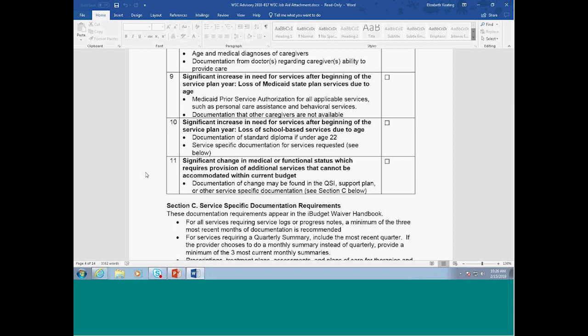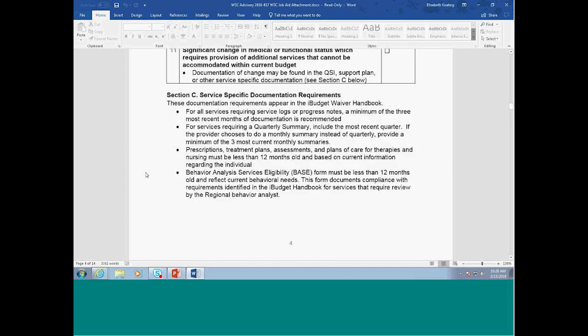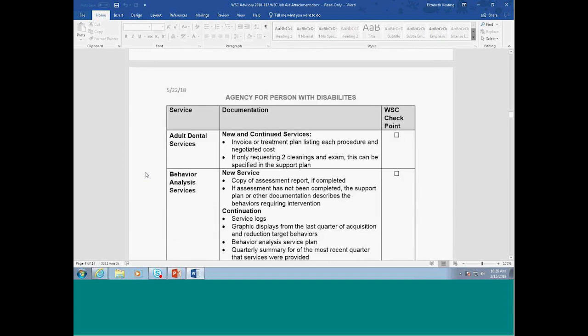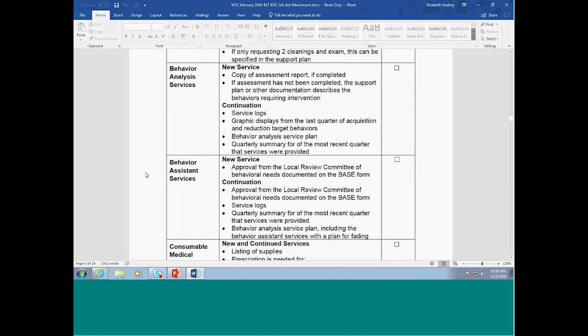Okay, so now I want to go down to the service-specific documentation, and let's take a look at behavior analysis and behavior assistance services. Right there. The way we broke this up is if it's a new service request, we have that separated from if you're asking for a continuation of the service.